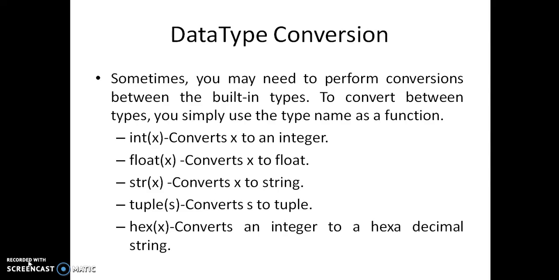Whenever you want to convert any value into a constant which cannot be modified, we can convert it into a tuple. Hex of x converts an integer to a hexadecimal string. Hexadecimal has the digits 0 to 9 and A, B, C, D, E, F as the other digits. It goes up to 16.